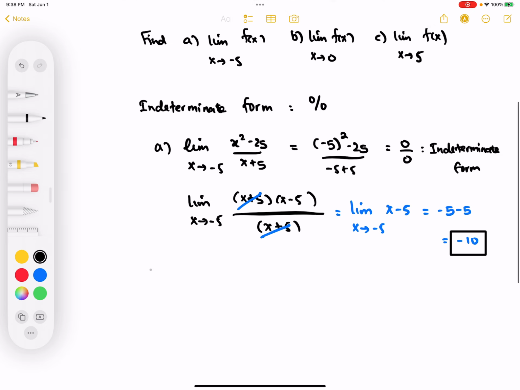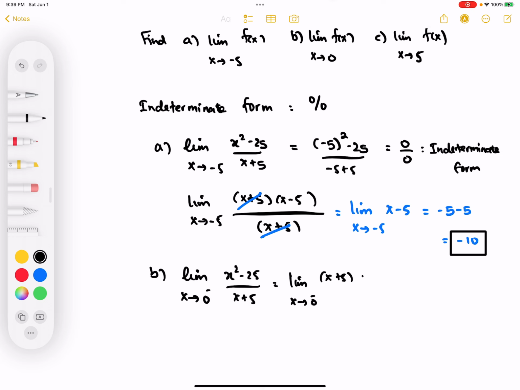When you check for B, limit of x approaches 0 from the left side, you have to consider this one, right? x squared minus 25 over x plus 5, but this can be simplified as above in A. It is x plus 5, x minus 5, over x plus 5, and this cancels, and it is limit of x approaches 0 from the left side of x minus 5.